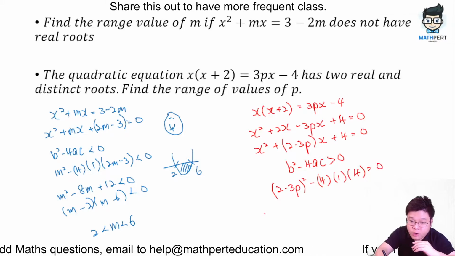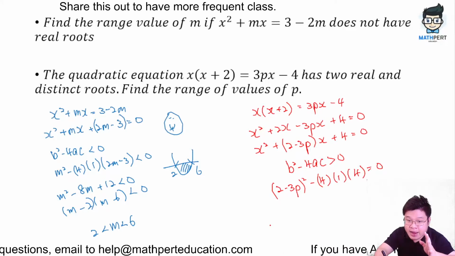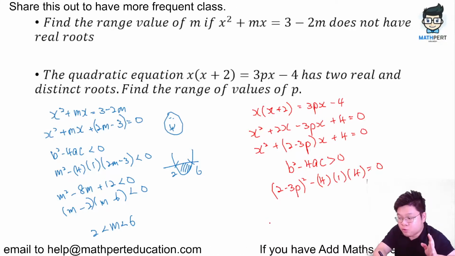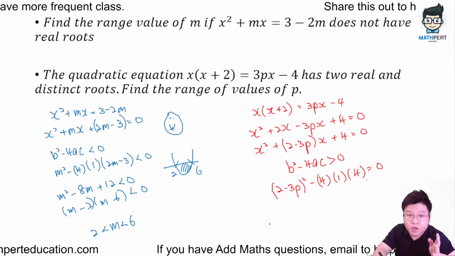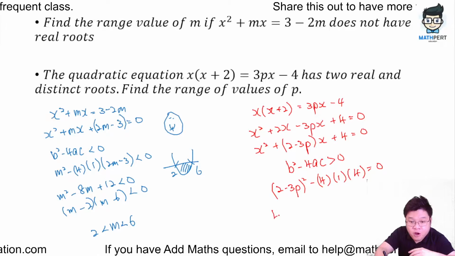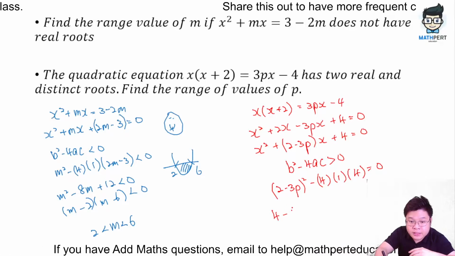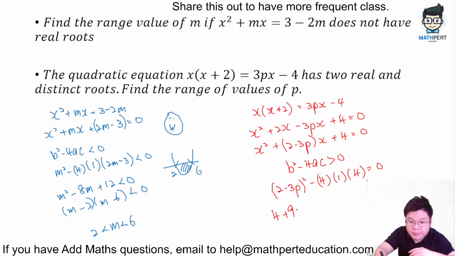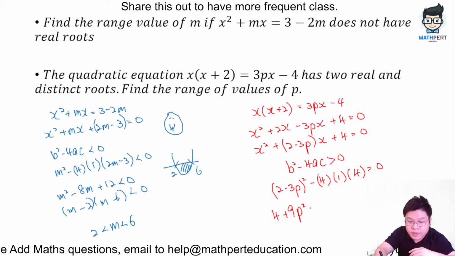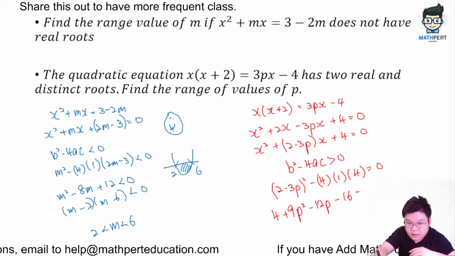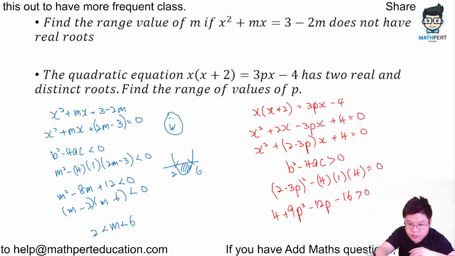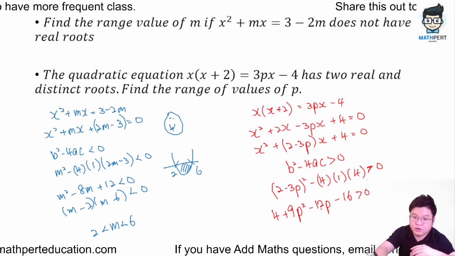When we expand the square over here, I will do it very fast mentally. If you cannot do it mentally, do a few more steps, okay? So you get 4 plus 9p squared minus 12p minus 16 greater than 0. Sorry, this is not equal to 0, this is greater than 0.